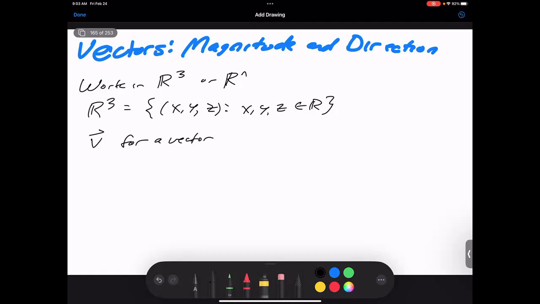When you're writing in a textbook, it's very easy to just put this in bold. But if I'm doing this on the notes, do you really want me spending my time doing that? I think it's much easier to just put an arrow over it to remind myself that this is a vector, so I can quickly look down and see V is a vector. But a lot of times in books, they won't do the arrow. They'll just write it in bold like this.